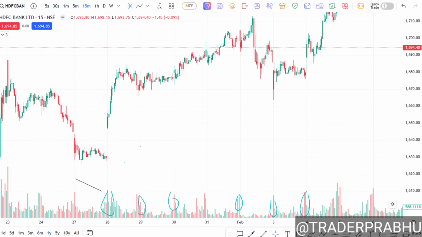And third one is confirm with volume and structure. If the price is reversing but volume is low, it might be a fake move. And wait for clear confirmation before taking a trade.